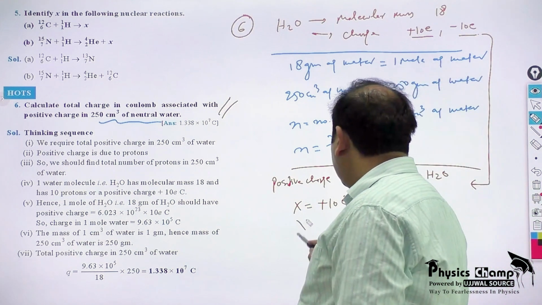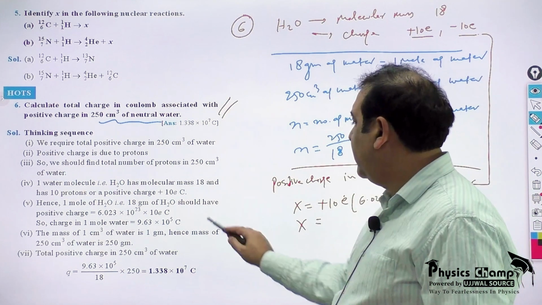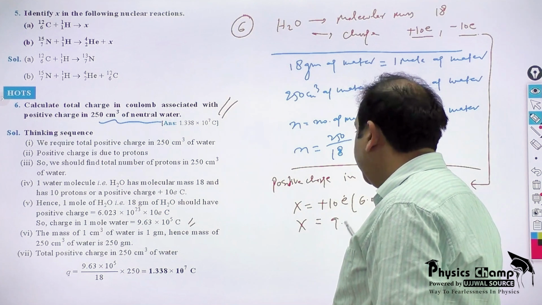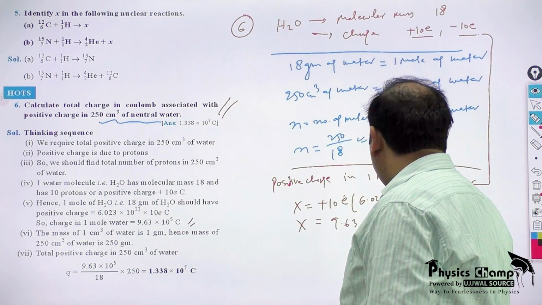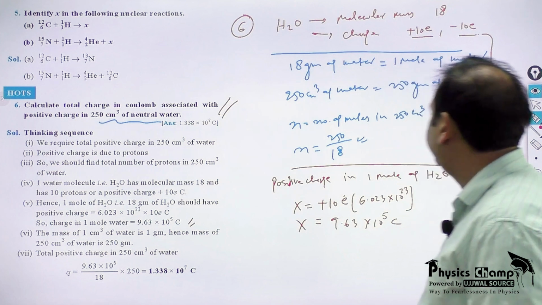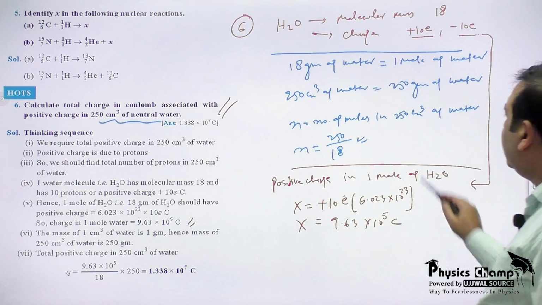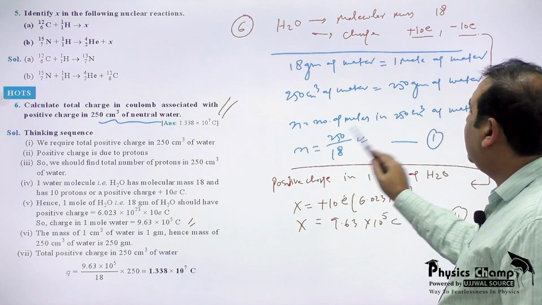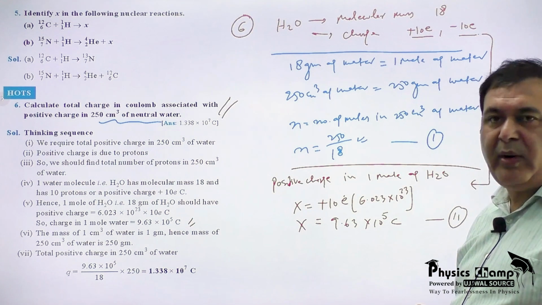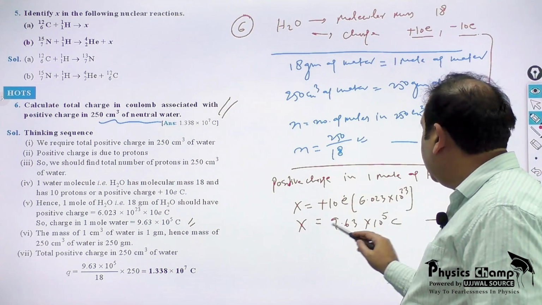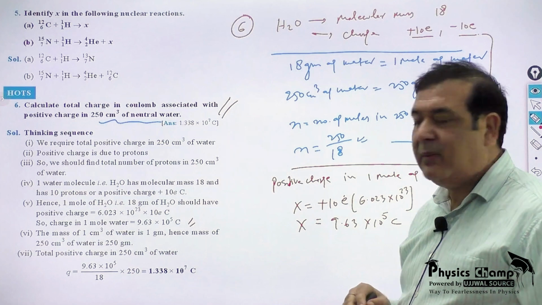So the positive charge in 1 mole of water will be 9.63 into 10 to the power 5 coulomb. So I have got some outcomes. This tells the number of moles of water, and this tells the charge in 1 mole.